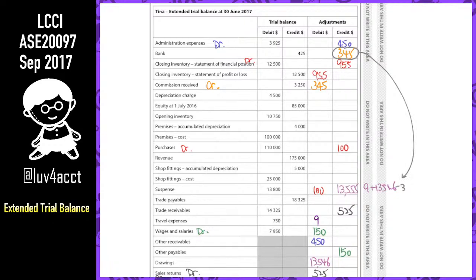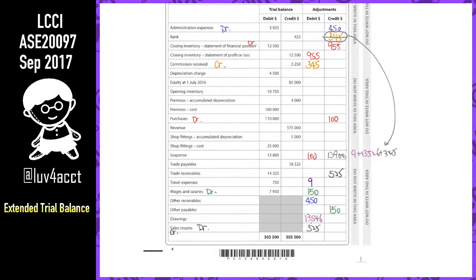I will explain why I didn't put it there in the first place. We will look back at the question again. 13555 plus 345 would give you the total credit of 13900. And with this, the suspense account balance is gone. The adjustment is taken out here.